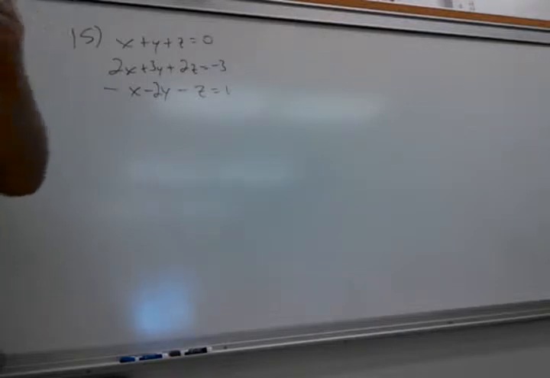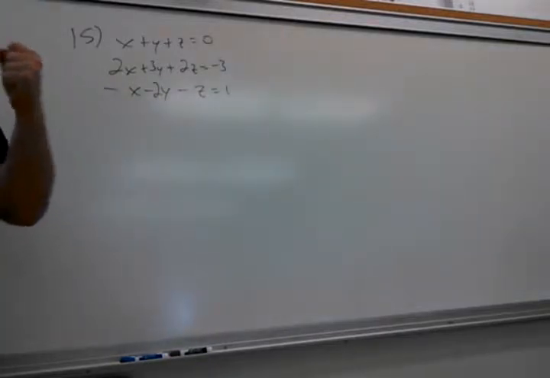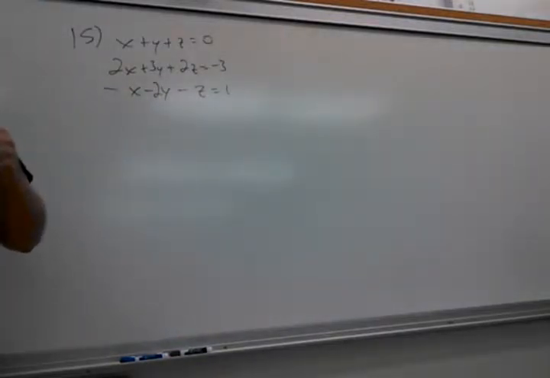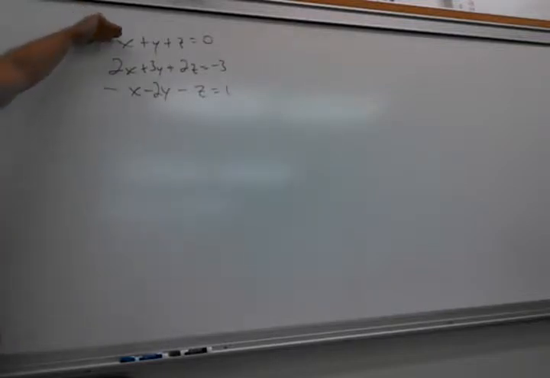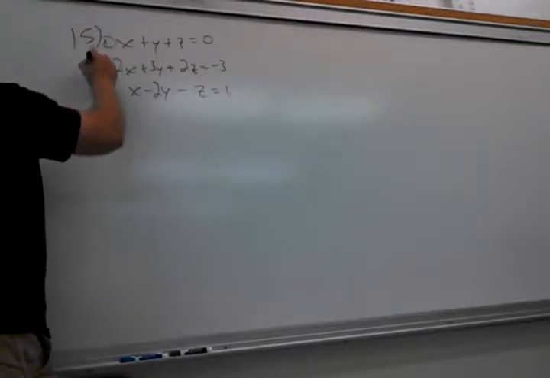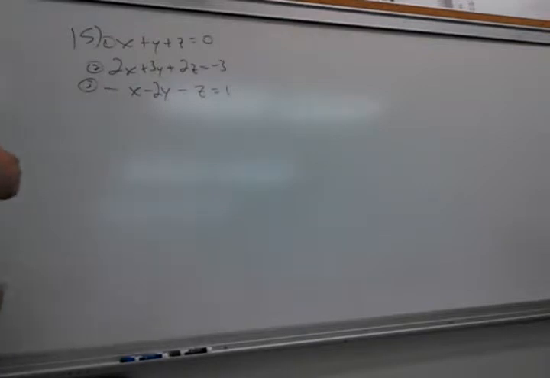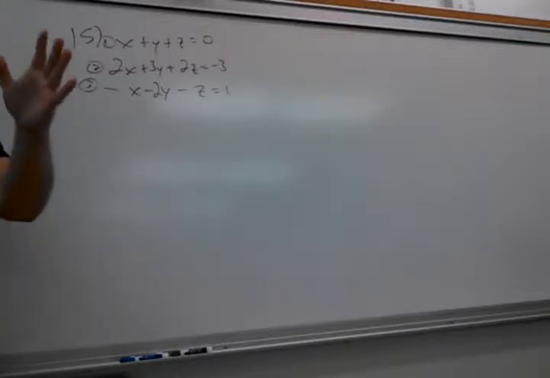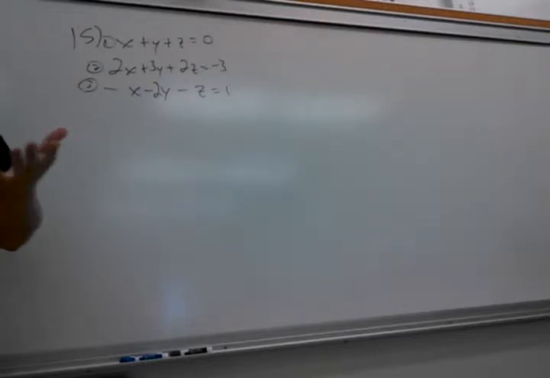Since our whole purpose is to kill variables, what's kind of nice about this problem? If I did equations 1 and 3, what happens? The x and the z die, and then I'll know what y is. The first time you see that, you get a little freaked out. You're like, all right, what do I do with that?